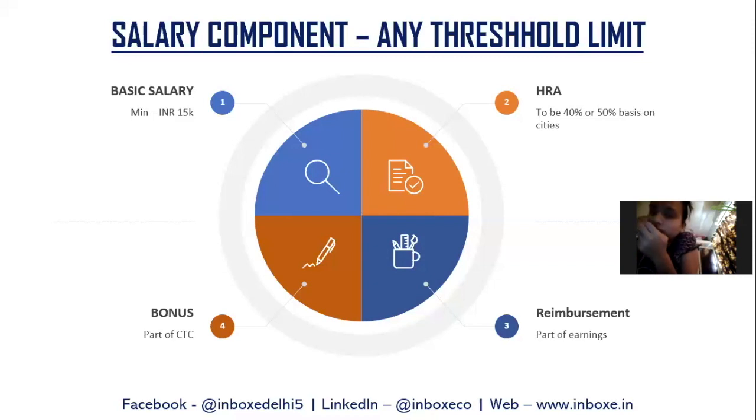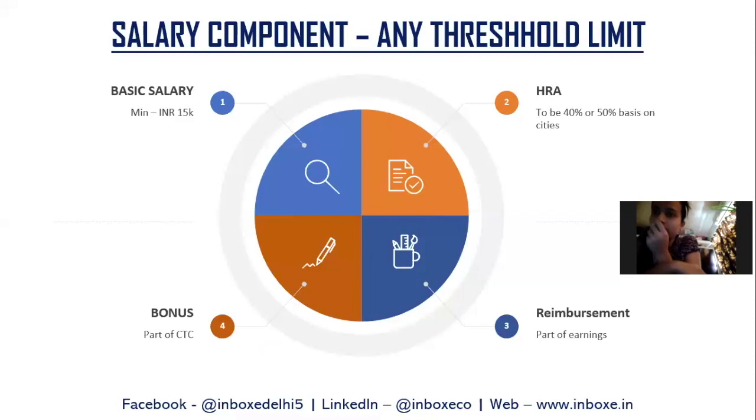Next is HRA, which is house rent allowance. This HRA I have mentioned as 40% and 50% based on the cities. Now, what is this 40% and 50%? This 40% and 50% is of the basic salary.